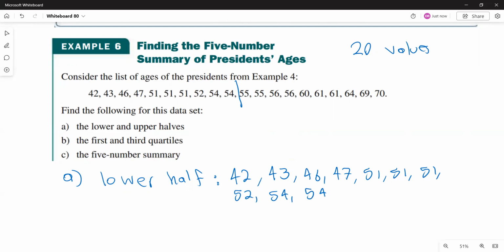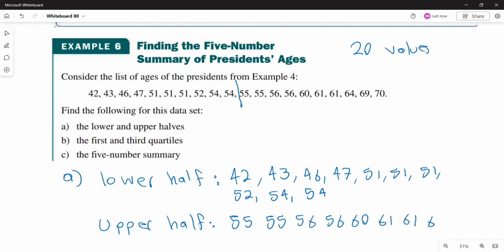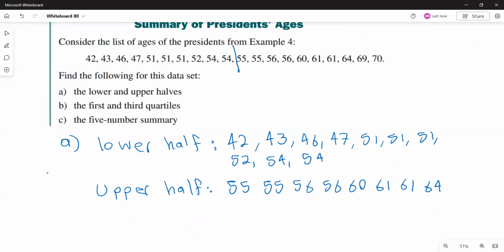And the upper half is going to be the list of the last 10 values. Okay, so that's 64 and then 69 and 7.